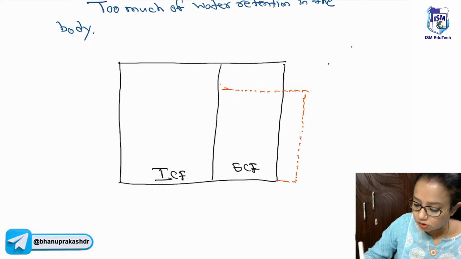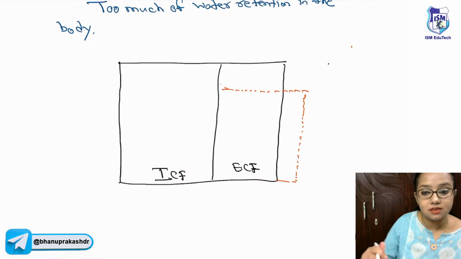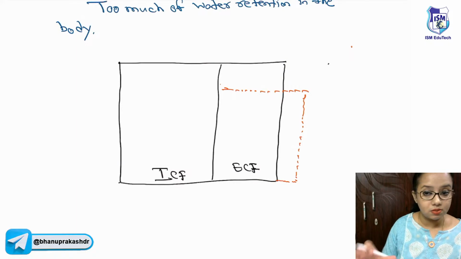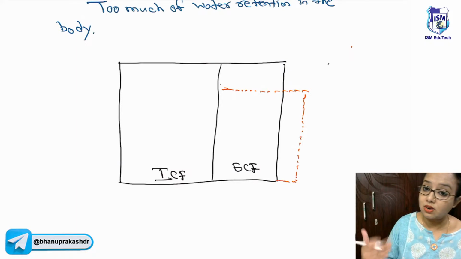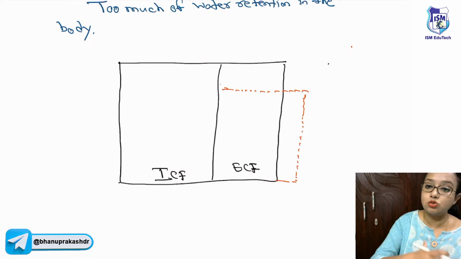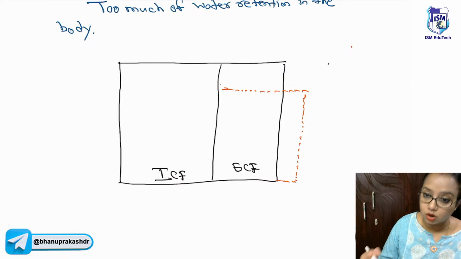Now, once the volume of the ECF is increased, the ECF has taken in more water. The ions, the cations and the anions that are present in the ECF, they are now getting diluted. So when they are getting diluted, this is becoming hypoosmotic compared to that of the ICF. I repeat, when there is too much retention of water in the body, where will the water go?